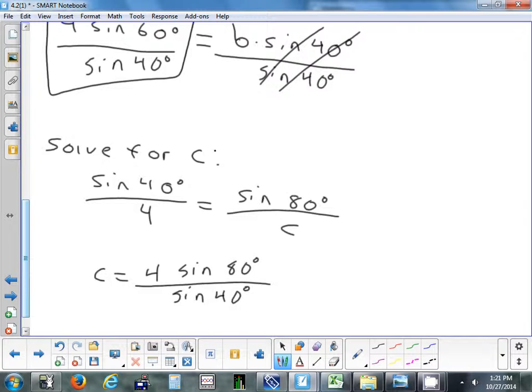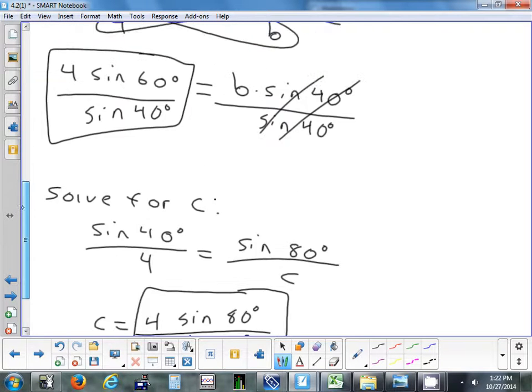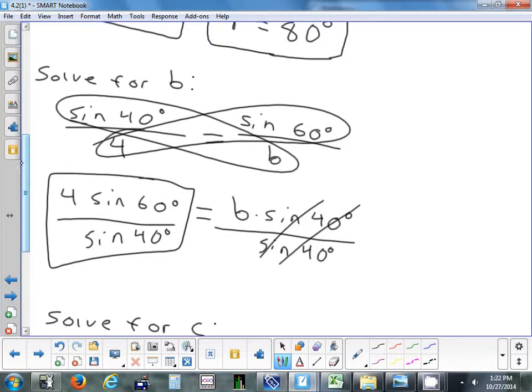But then you'd have to divide each side by sine 40. Any questions on how I got C, doing the cross multiplication in my head? Everyone's okay? All right, so that's probably the way I'll do it from now on, just to save us from having to write out this step in the middle.